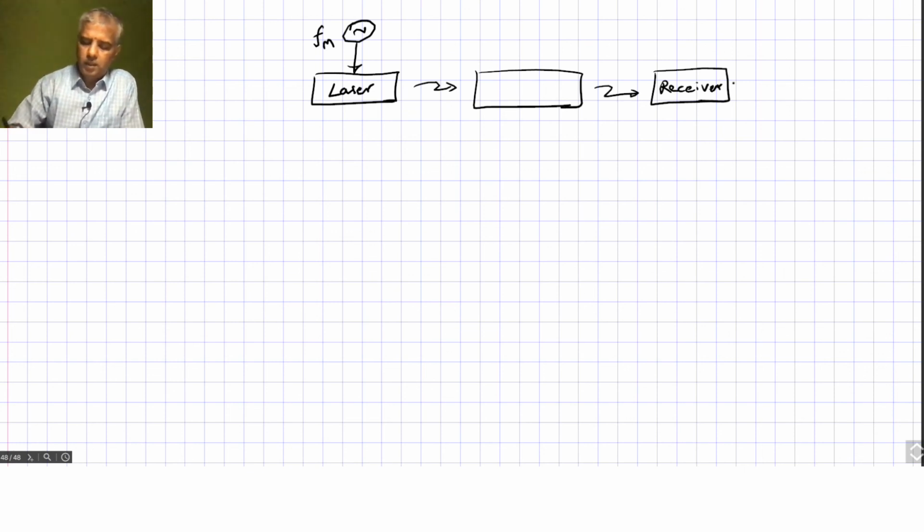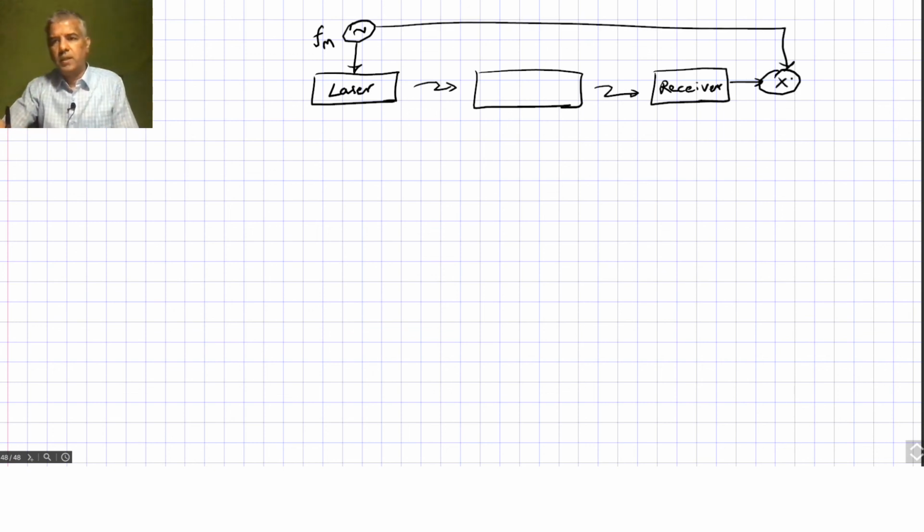This receiver output, coming off the transimpedance amplifier, you can actually mix with the reference frequency, and then you can do lock-in detection. Then you can beat it down, because you are expecting some signal around FM.